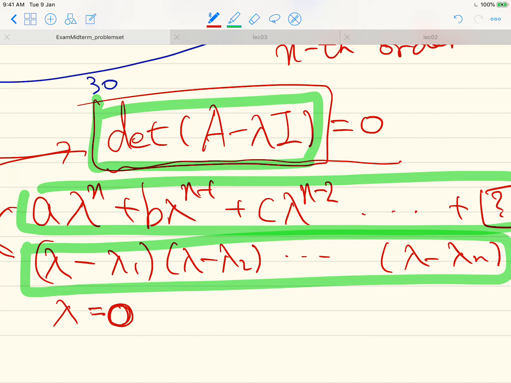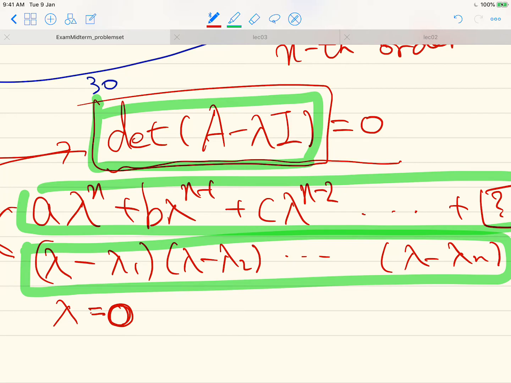And then what is the resulting value when plugging lambda as 0 here? It will just give us the product of eigenvalues, lambda 1 and lambda 2 and so on, although we have a negative sign over here, right?